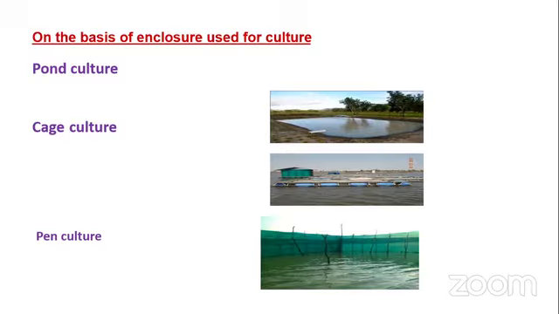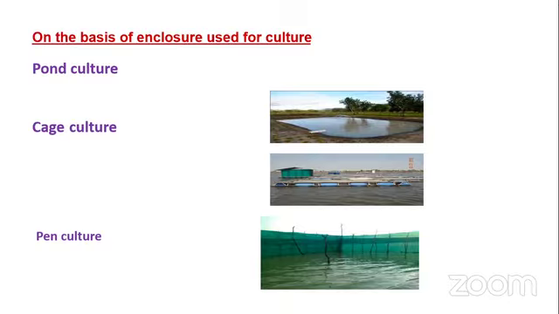Then polyculture, where we introduce more than one species. Then there is composite fish culture, where we can introduce the Indian major carp along with the exotic carp, that is Katla, Rohu, Mrigal, then grass carp, silver carp, and common carp. These six species can be used for culture in a single pond.